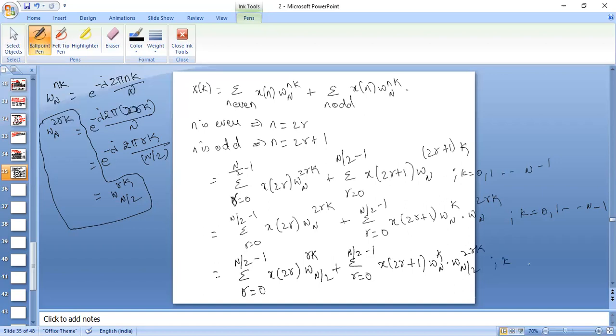K is equal to 0, 1, and so on up to n minus 1. Is it clear up to here? Okay, fine.